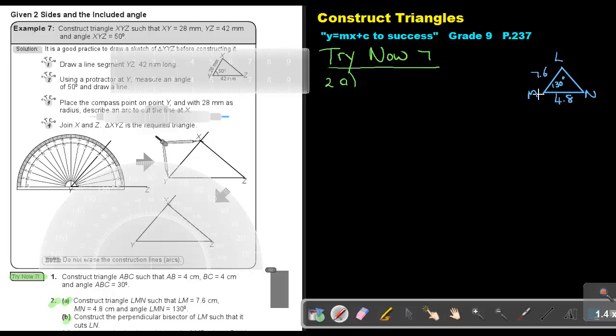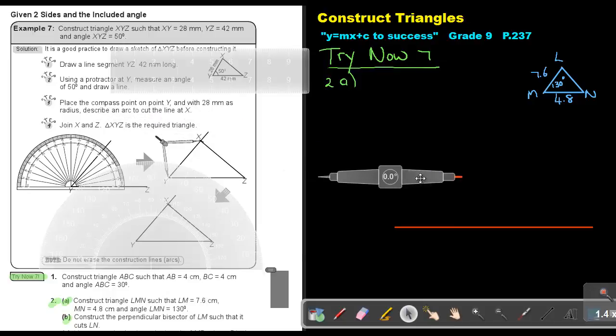Now, let's start with this line. First, just make a straight line. Leave a space, and just make your straight line. Now, I'm afraid we're going to be 4.8, so we'll see if it's going to work.